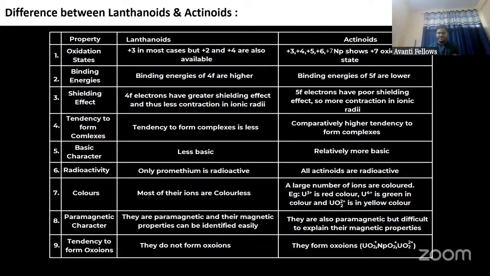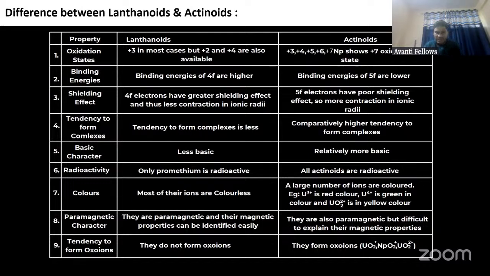Binding energies of 4f are higher, 5f are lower. 4f electrons have a greater shielding effect and thus less contraction. 5f electrons have a poor shielding effect and thus more contraction. Tendency to form complexes is less in lanthanoids, comparatively higher in actinoids. Lanthanoids are less basic, actinoids are relatively more basic.